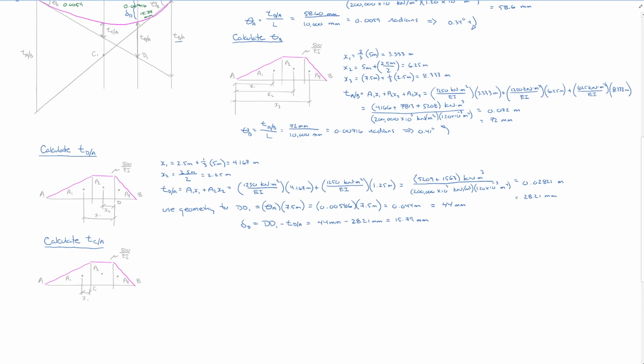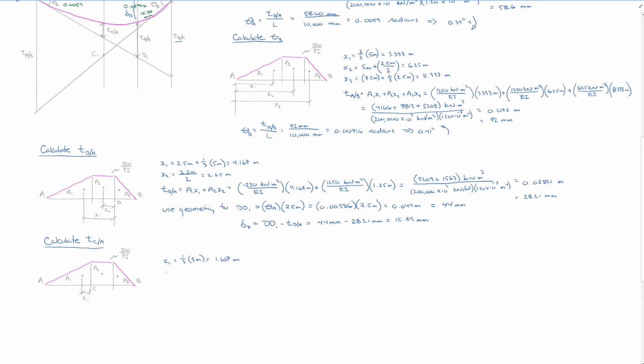And that's going to make our things go a little faster. We have x1, which is equal to 1/3 of the base, which is 5 meters, which is equal to 1.667 meters.